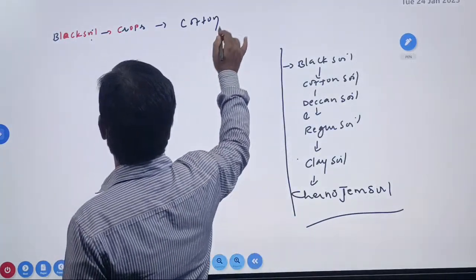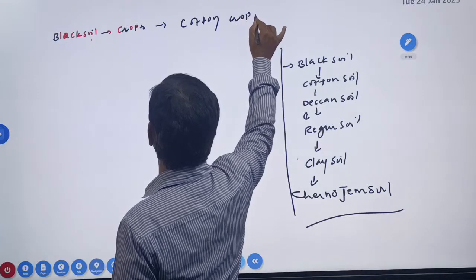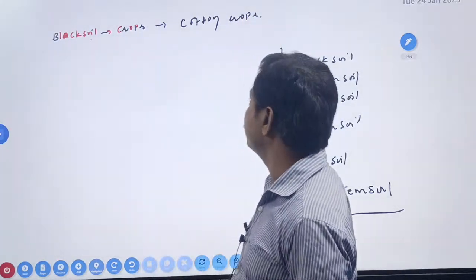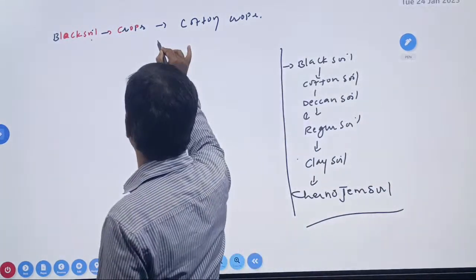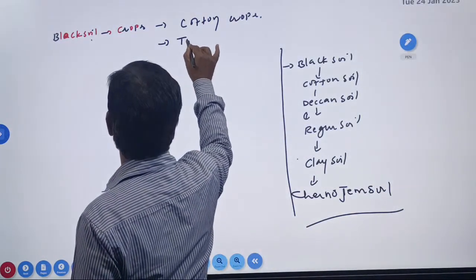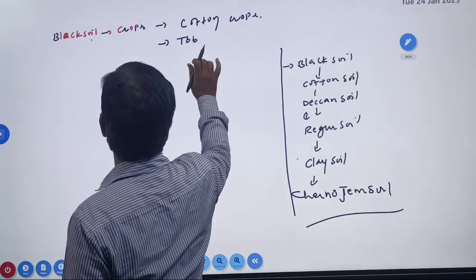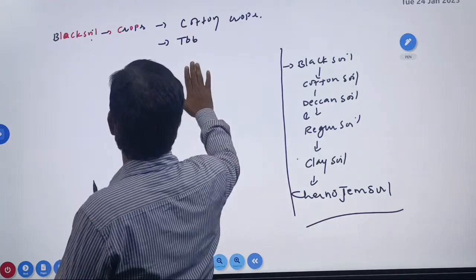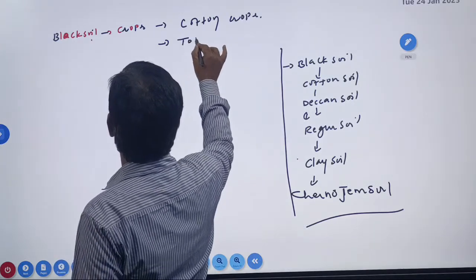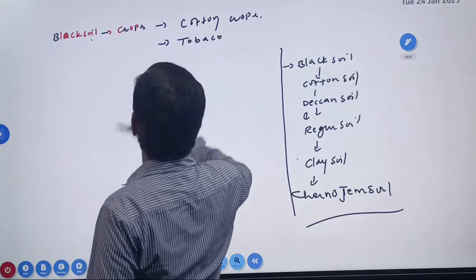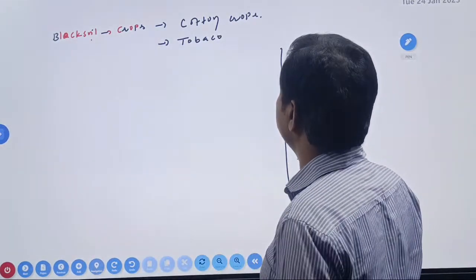So majorly, which crop is suitable for this soil? Cotton, and also tobacco. Tobacco has the second highest productivity after cotton.